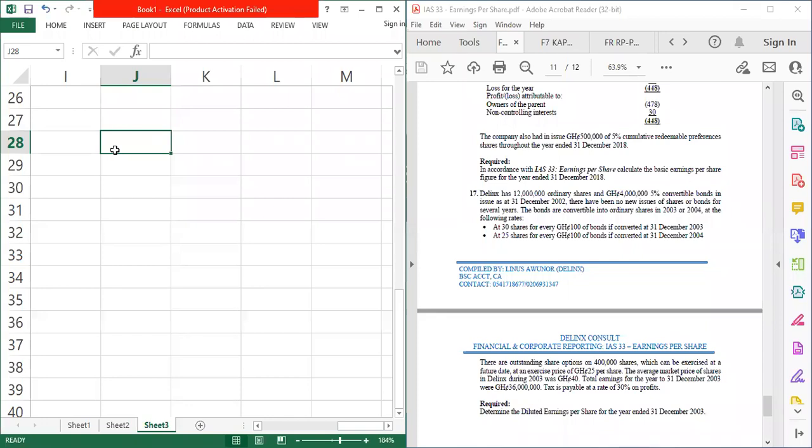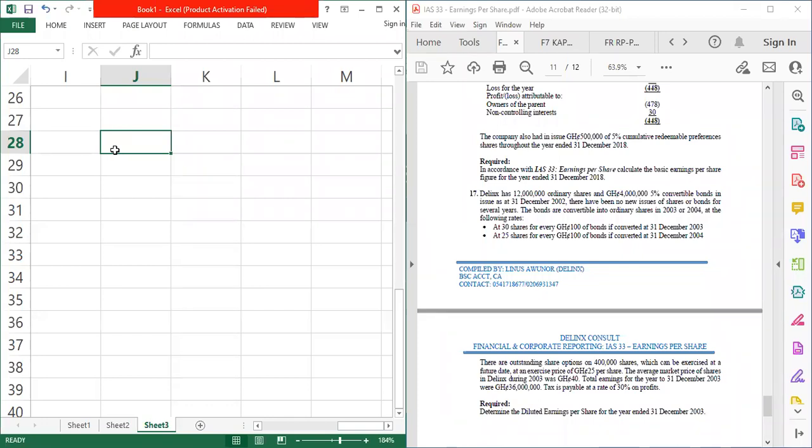At 30 shares for every 100 cedis of bonds if convertible at the 31st December 2003. At 25 shares for every 100 cedis of bonds if convertible at 31st December 2004.